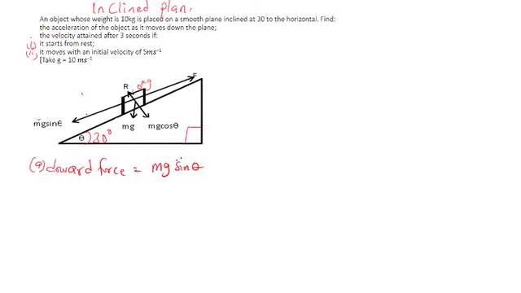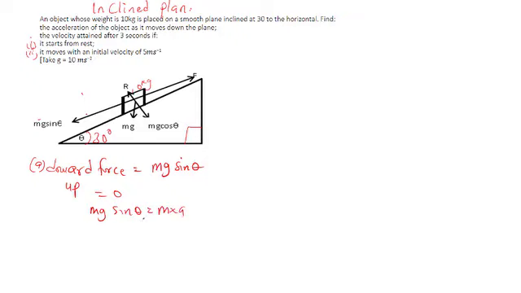Then the force on the body up, that is the force that is dragging the body, will be 0, because there's no such force. Then the force down the plane is that mg sine theta we've got, equal to m times a.